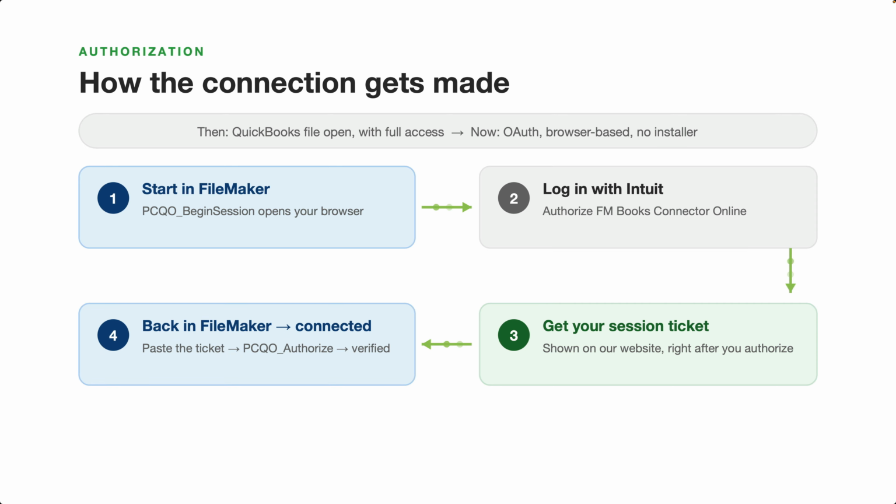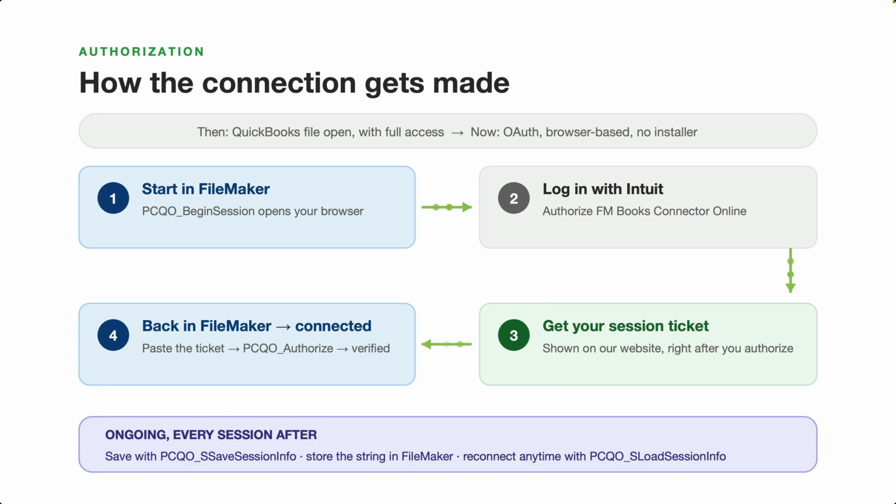So then you copy that information and paste it into your FileMaker file, where you'll call the PCQO authorize, which verifies the plugin's access. If that verification succeeds, the plugin can now execute requests and process responses. You're now connected. So that's the one-time setup, but sessions don't last forever.